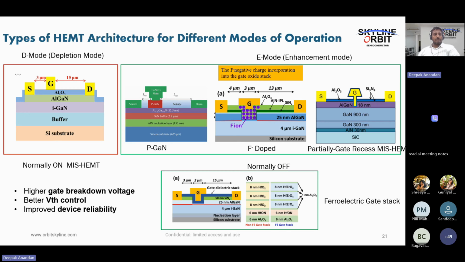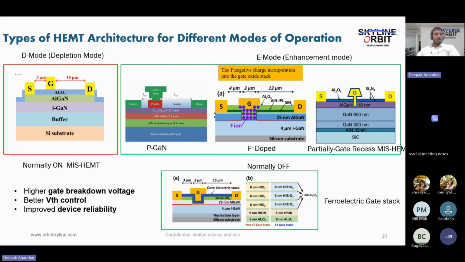The third thing is a partially recessed gate with MISHEMT. It is also like charge trapping layers, which I will explain step by step. This is the most recent one, which my previous lab has demonstrated. They included the ferroelectric gate stack in order to have a positive VT around 4.7 to 5 volt.